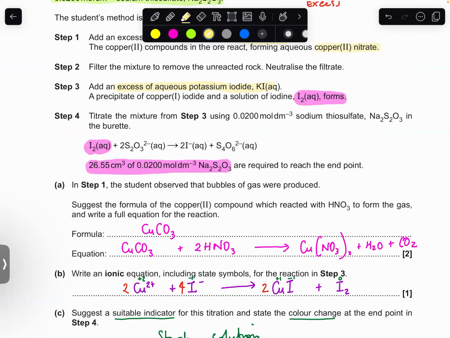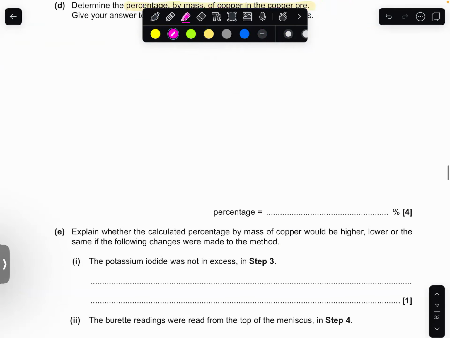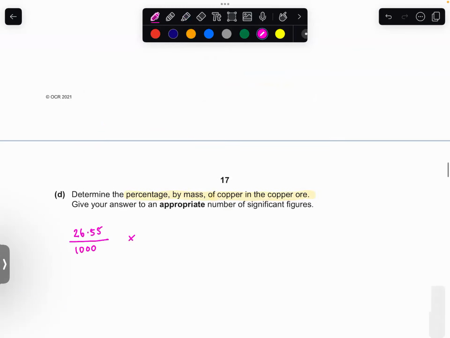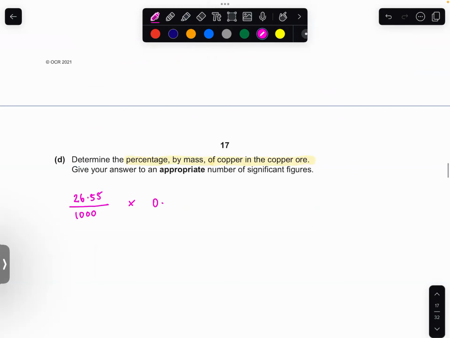So we've got here 26.55 divided by 1,000 multiplied by, what's the concentration? 0.02, equals, now this is of the S2O3, the thiosulfate solution. Let's work this out.